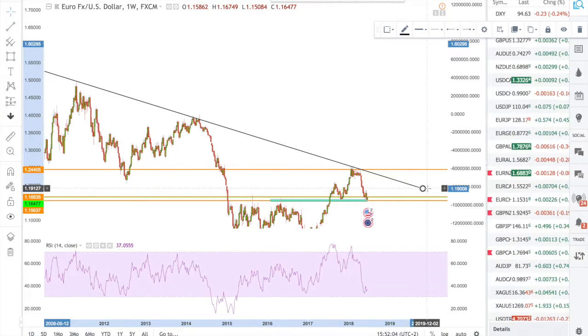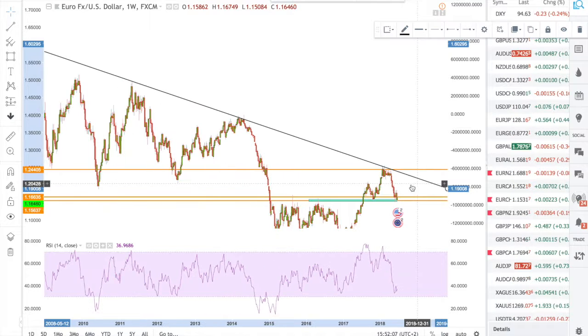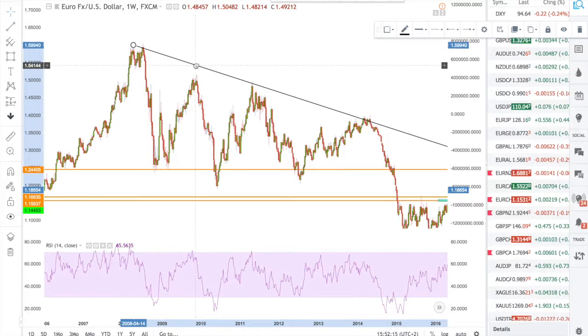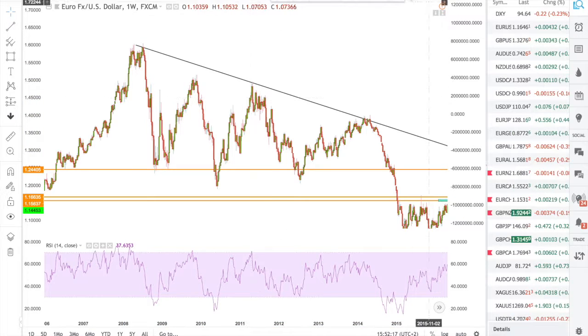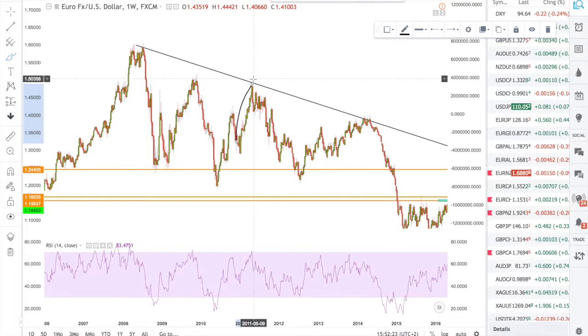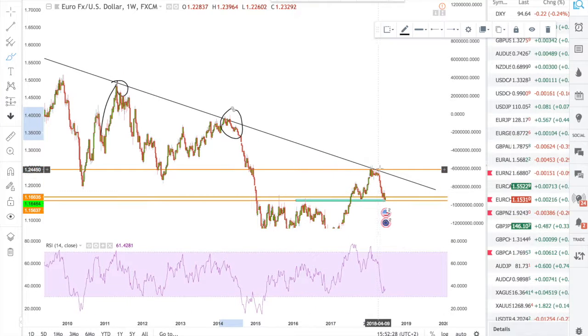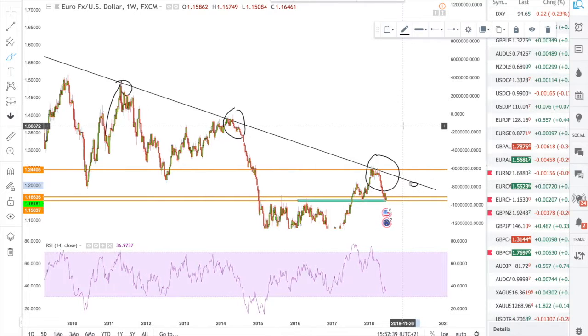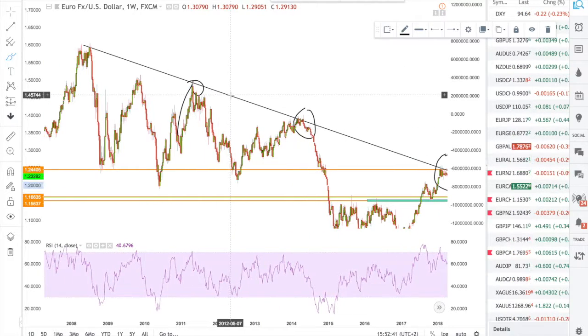At this point, price went down, hit this point, hit this point, and now hit this point. So we would expect that if price hits a point here, it will move down. This is how you draw trend lines.